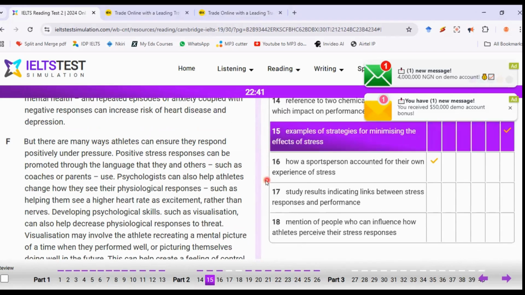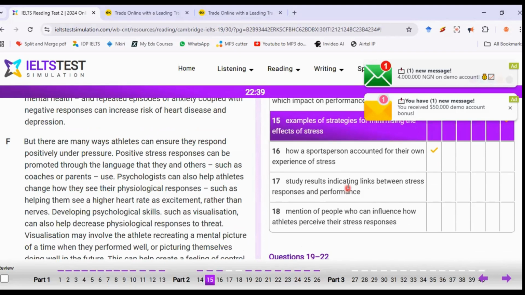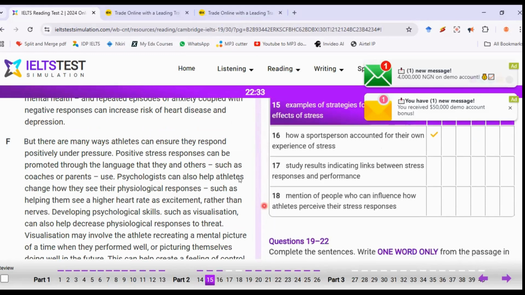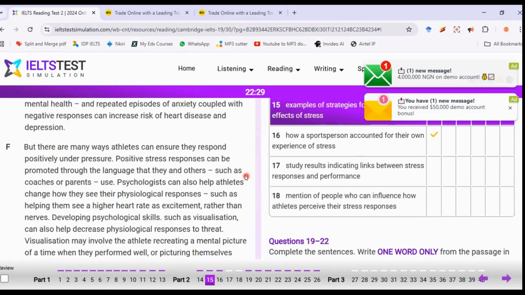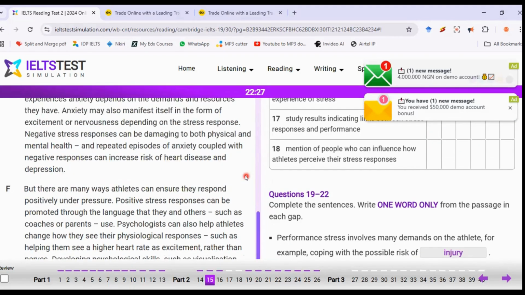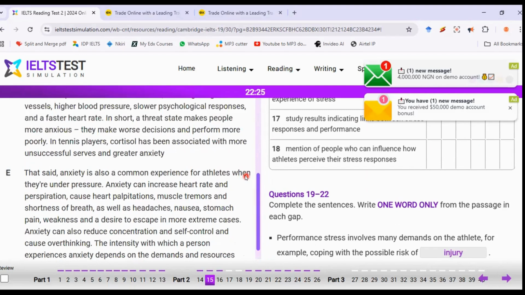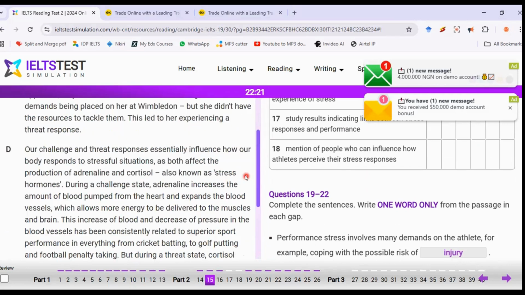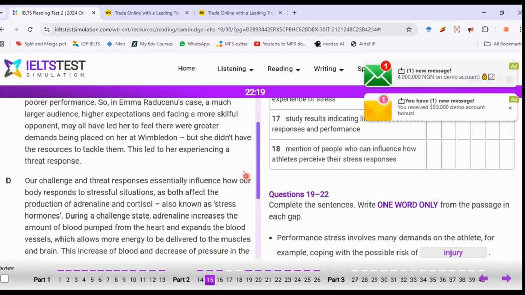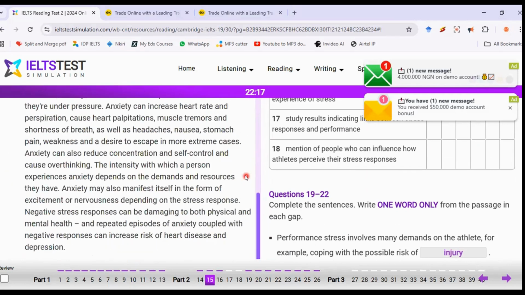Then number 17, study results indicating links between stress responses and performance. Study. Stress level and performance. Where is that one about tennis? There's a paragraph about tennis where they say tennis players.